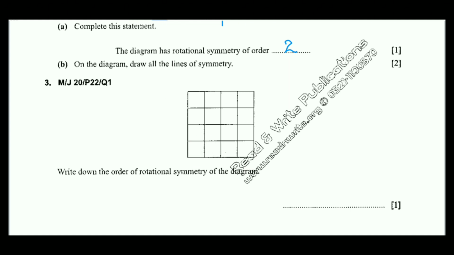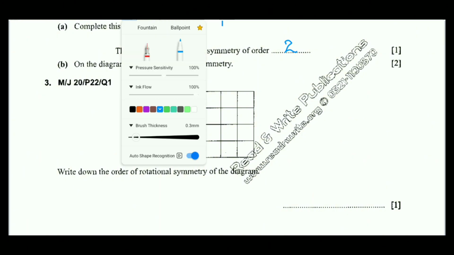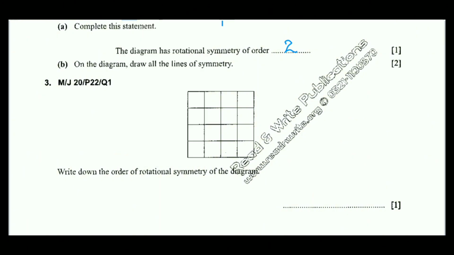So in this diagram, these are the colored blocks that are blurred. We can't see them here. So these are the colored blocks in this diagram. So now we have to write down the order of rotational symmetry of the diagram.